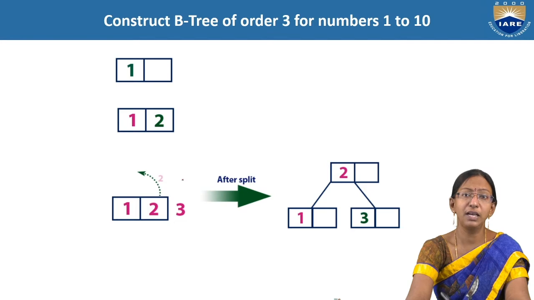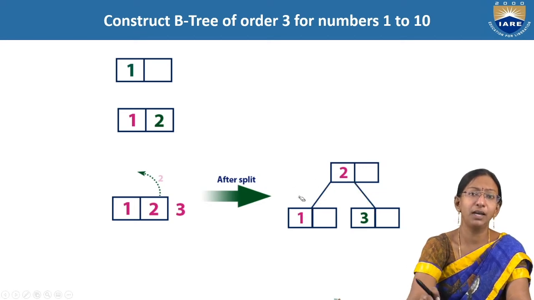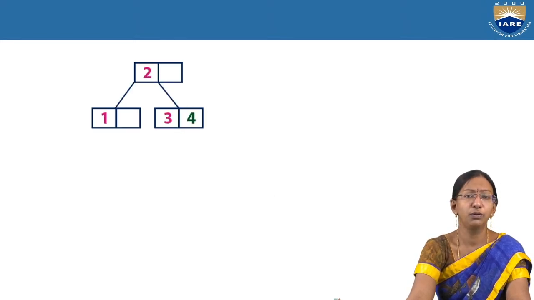So I have to take the middle one to the top and make it the root. I made 2 the root, with 1 as its left and 3 as its right. See, the B tree is still abiding by the rule of BST, the binary search tree. Now insert 4. No problem. The right node of 2 can accommodate 4.